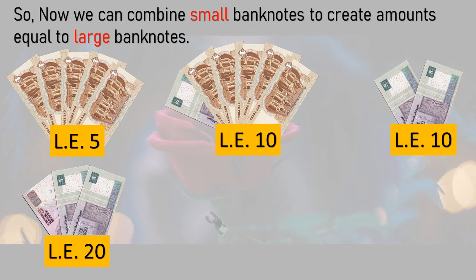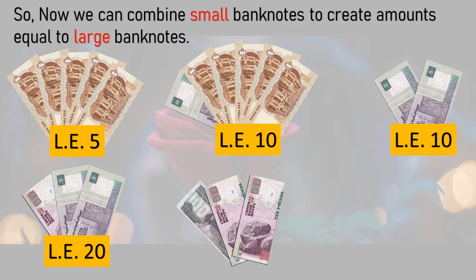Okay, what if I have 1 banknote of 100 Egyptian pound and 2 banknotes of 10 Egyptian pound? That means I have, yes, 120 Egyptian pound, right?